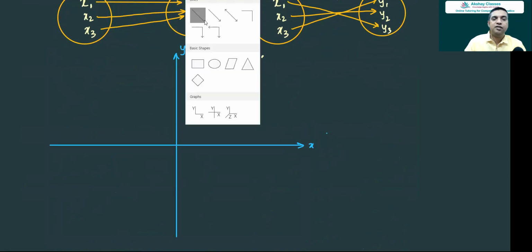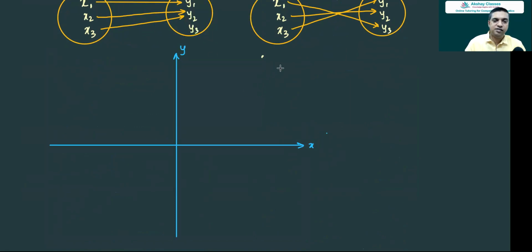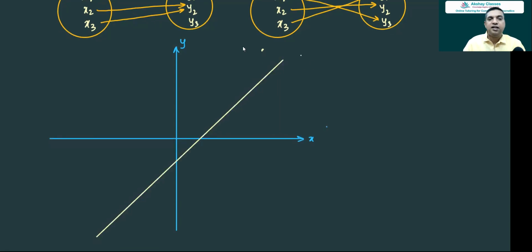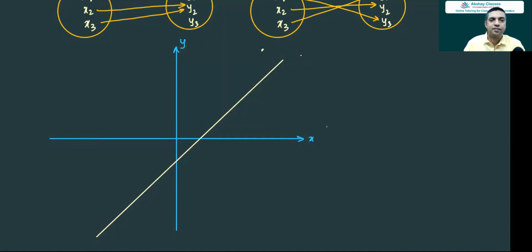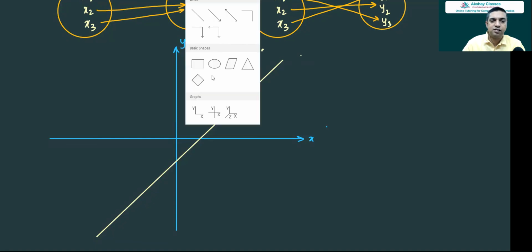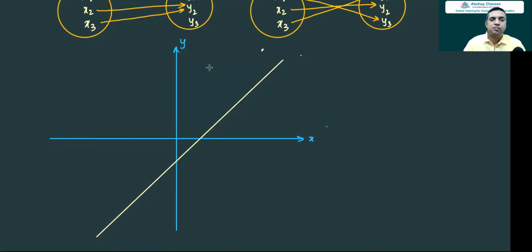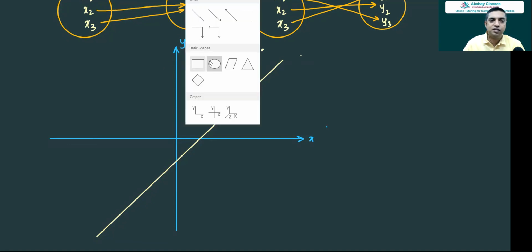So again, we draw a graph of a straight line. And also we will draw a graph of a circle. A circle is itself not a function, so I will not draw a circle.